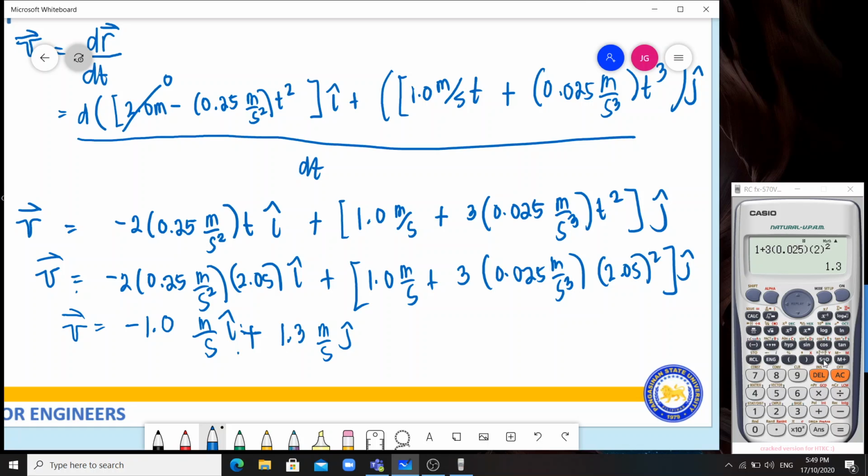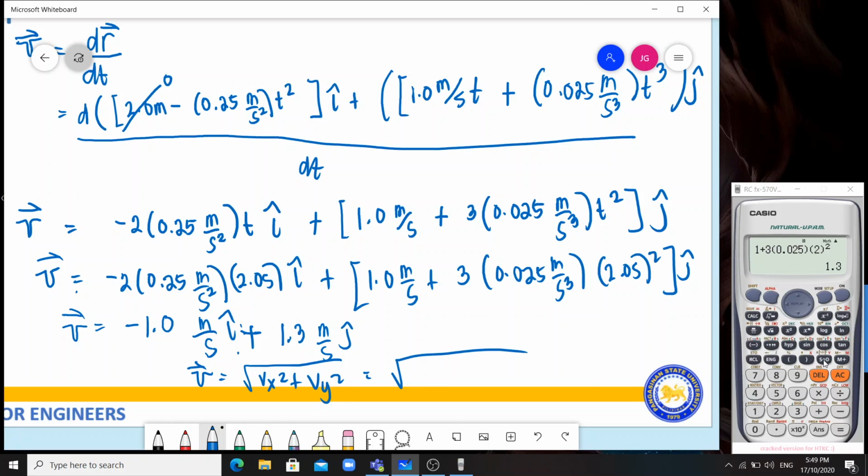This is its vector. This is its instantaneous velocity vector. Now, it also asks for the magnitude. So, we have to compute for the magnitude. V is equivalent to the square root of Vx squared plus Vy squared.